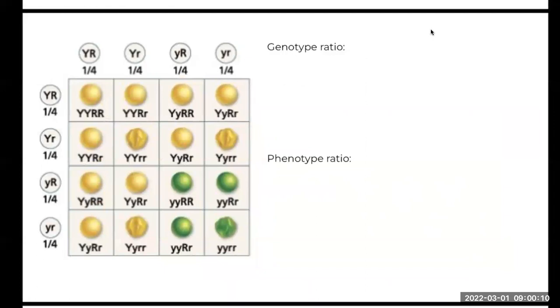So according to the table, again, you're going to do your genotype ratio. So I'm going to say 1 YY RR. 2, these 2 are the same. So 2, big Y, big R, little r.